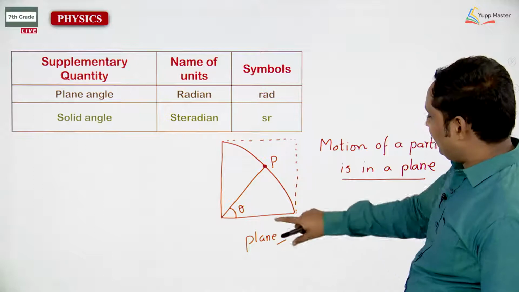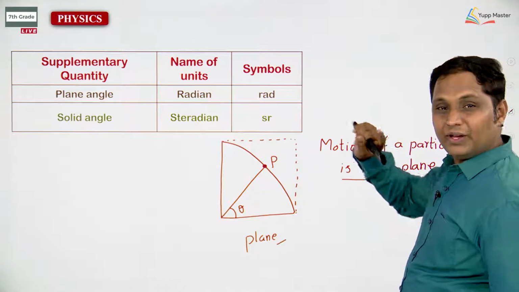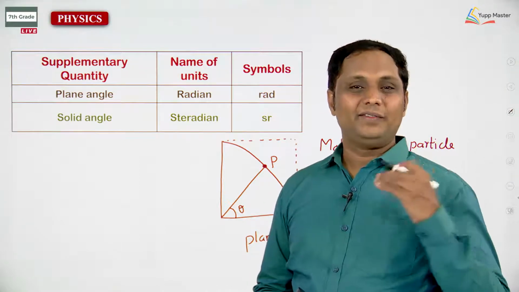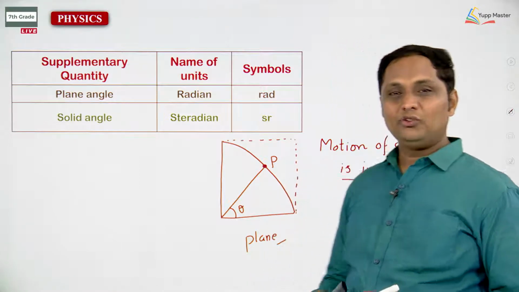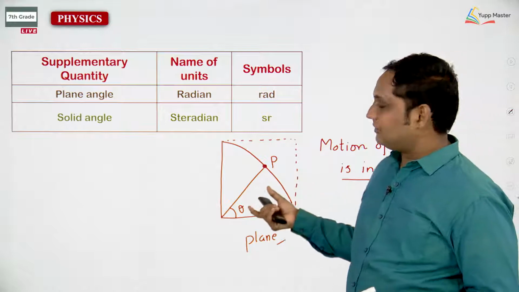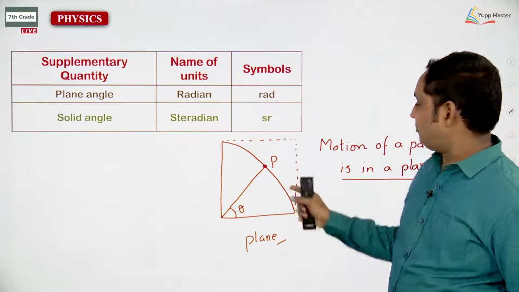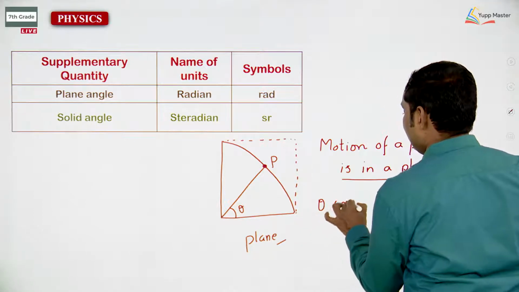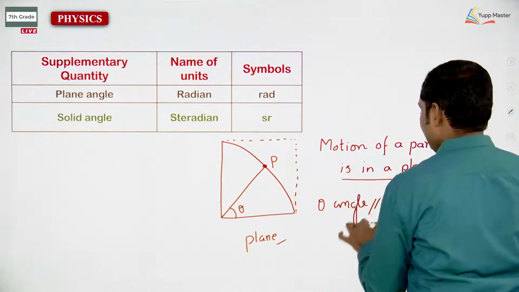The position of a particle and the displacement are going to be identified with the coordinates and angle. This theta is the angle you have to consider.